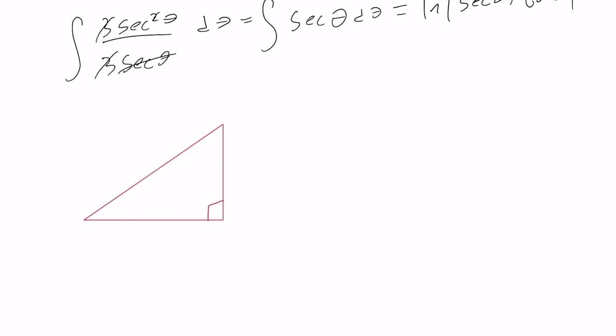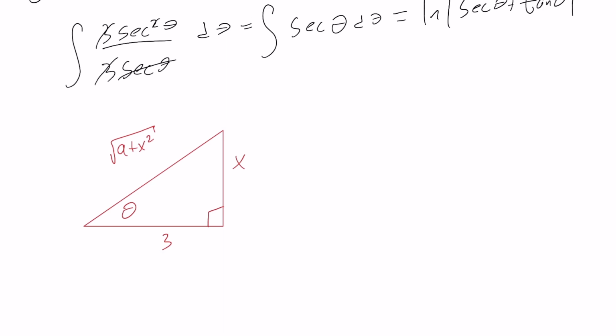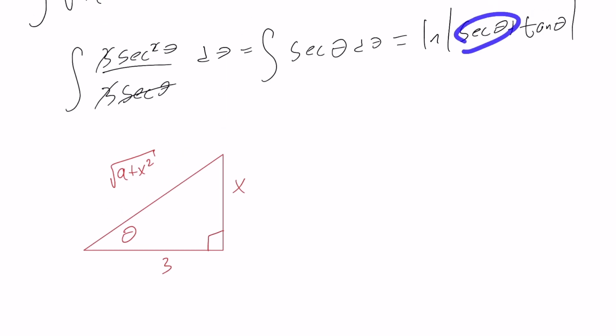Perfect. Nice right triangle here. If this is theta, we know that the tangent of theta is x over 3. So then the length of the hypotenuse has to be the square root of 9 plus x squared. Okay, so what does that tell me secant of theta is?